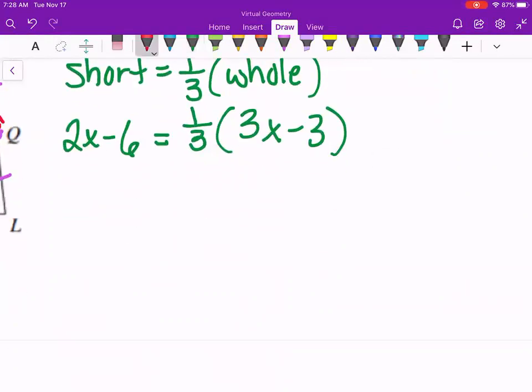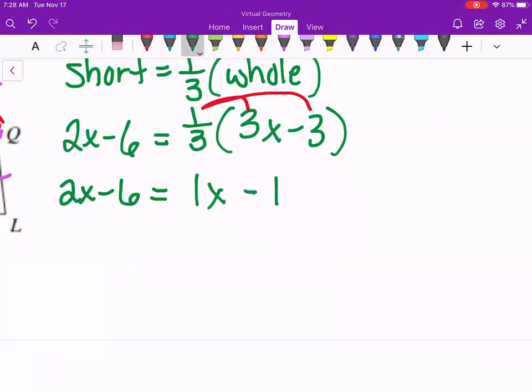All right, so first things first, we need to take care of the 1/3 in front of the parentheses. So we're going to have to distribute. So 2x minus 6 equals 1/3 times 3. That's just a 1x. 1/3 times negative 3 is just a minus 1. Now we can keep going with our solve.